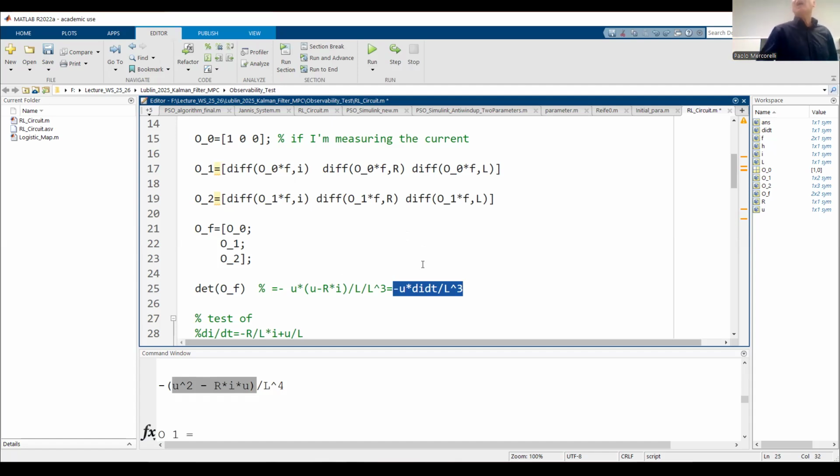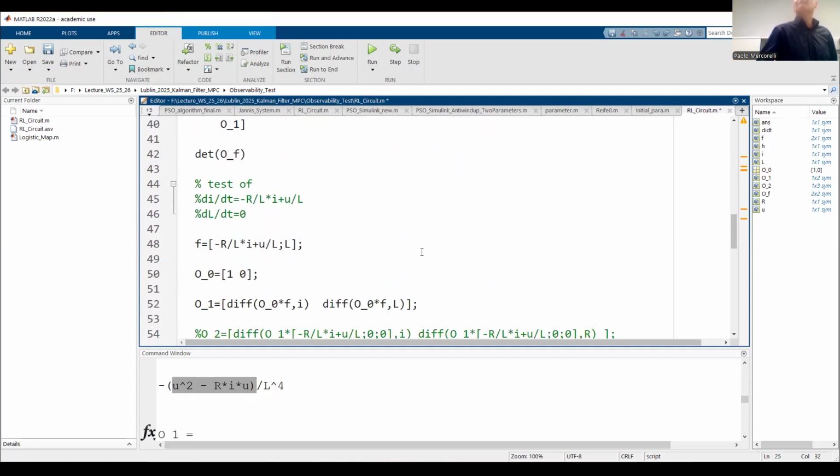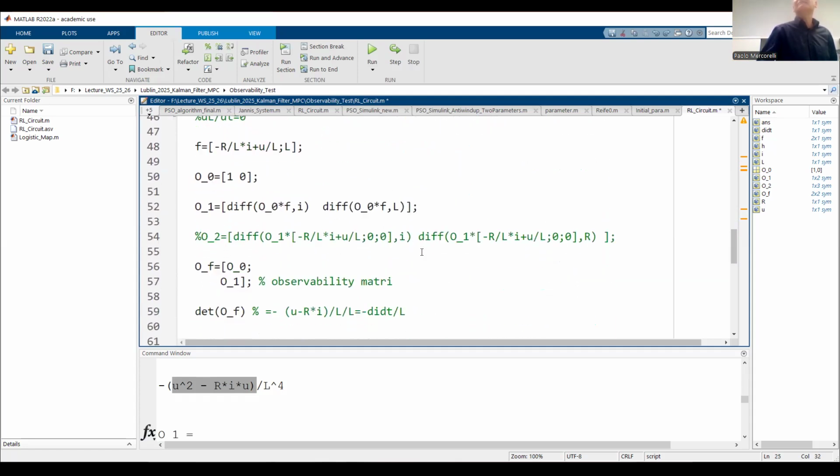What happens now in case of two states? That's okay. We see here that in case of two states, we don't need U different from 0. This means with two states, it's easy to be controlled because we have the observability also with U equals 0.